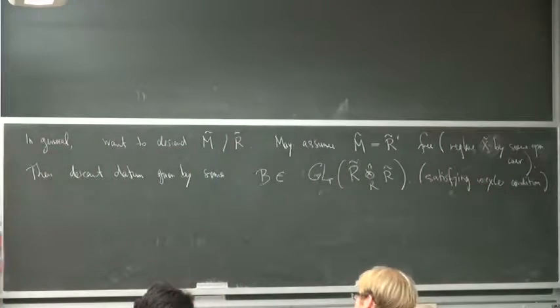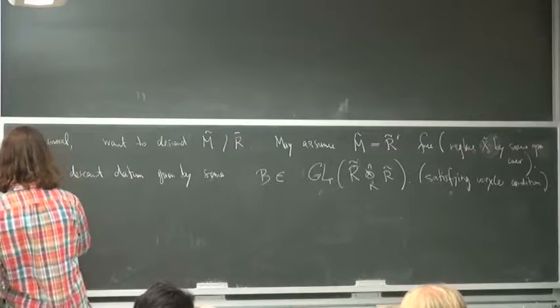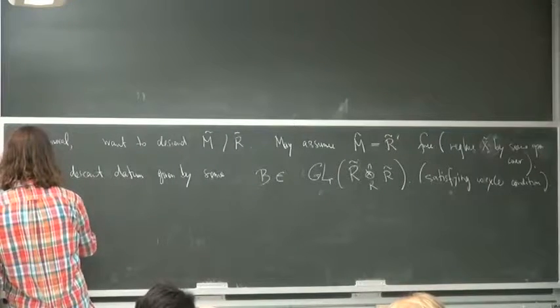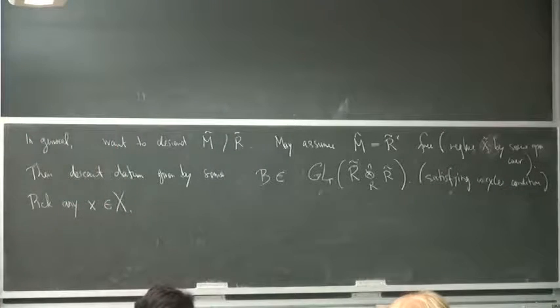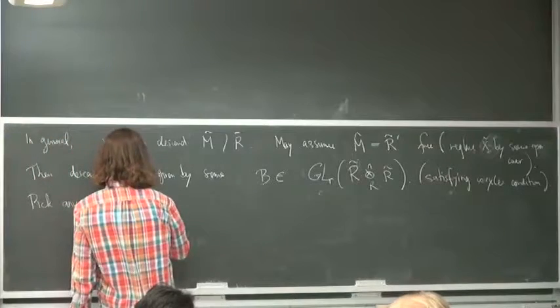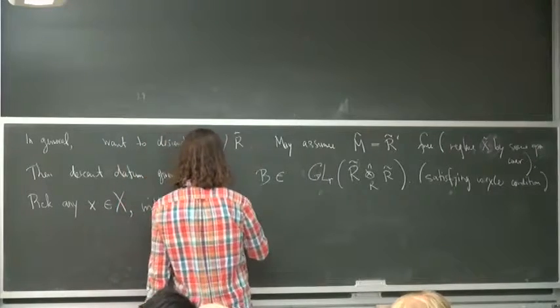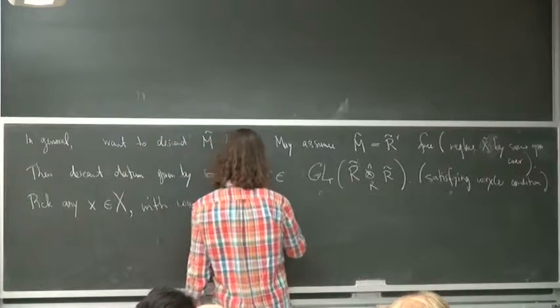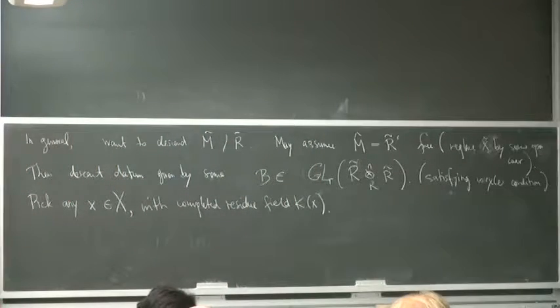Okay, and we know that it's enough to descend locally, so let's pick any x in X. And so it has some complete residue field k of x. And we know that we can descend the pullback to k of x.